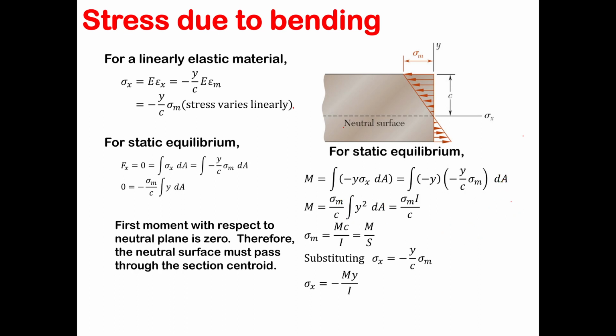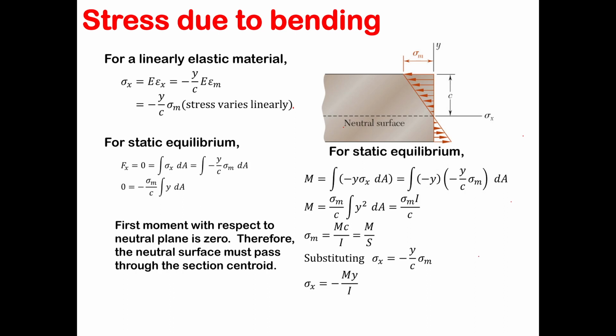So your moment is related to your stress by this equation. We can actually rearrange the equation and say we can find the maximum stress as a function of moment, the maximum distance from your neutral surface or neutral plane, divided by the moment of inertia.